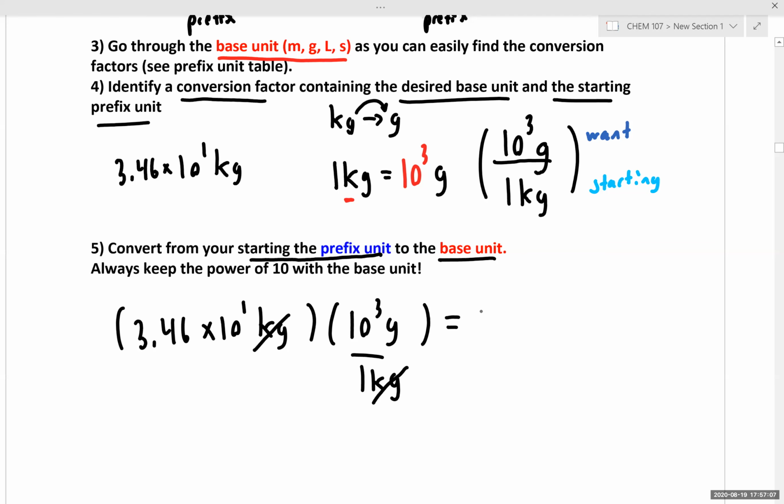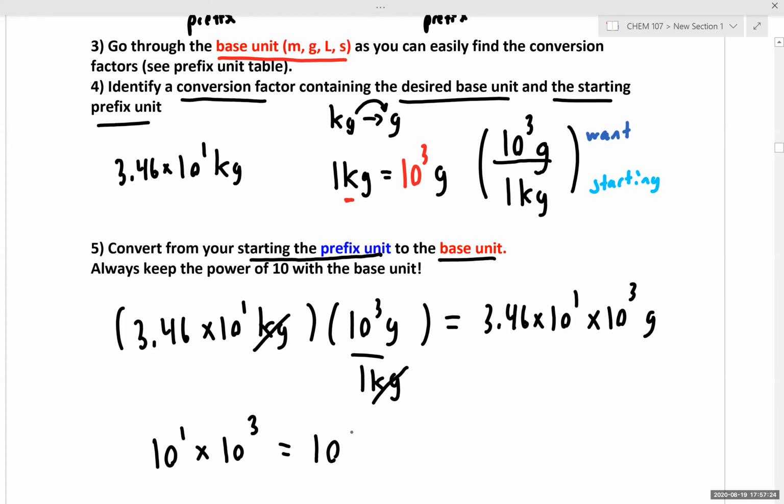That gives us 3.46 times 10 to the first times 10 to the third grams. Remember, if we have powers of 10 that we're multiplying together, we add the powers of 10. So 1 plus 3 gives us 10 to the fourth. We end up with 3.46 times 10 to the fourth grams.